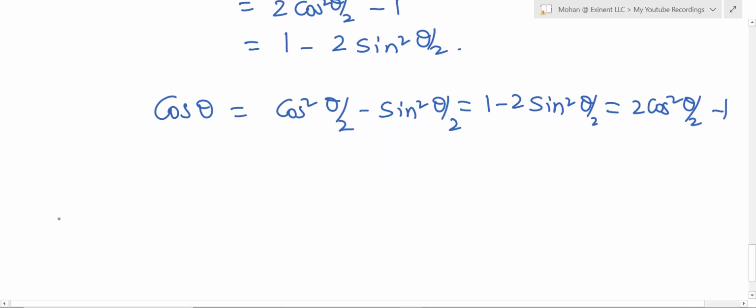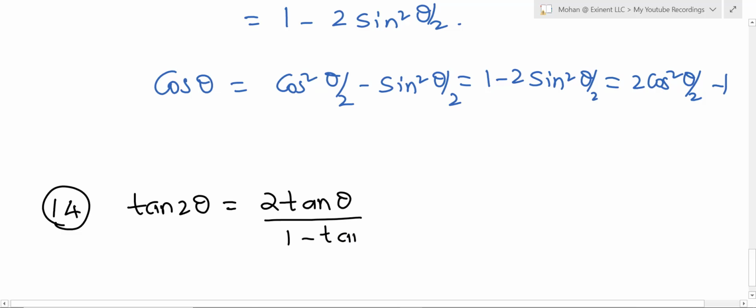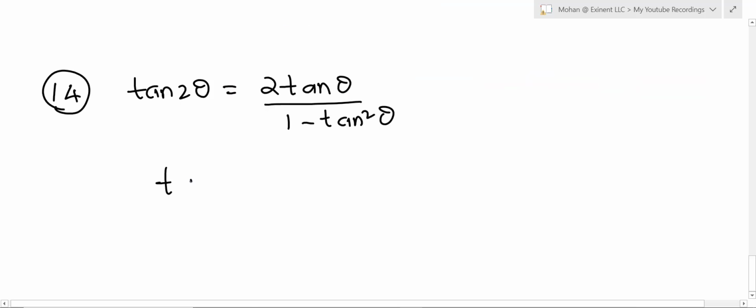Alright, yes, tan theta. Okay, tan 2 theta. First of all, let us see what is tan 2 theta. Tan 2 theta is basically 2 tan theta by 1 minus tan square theta. Of course, if I want half angle formulas, how would that work?